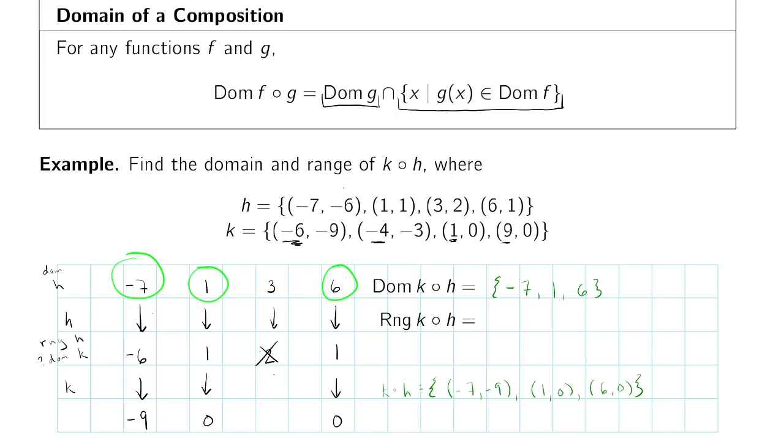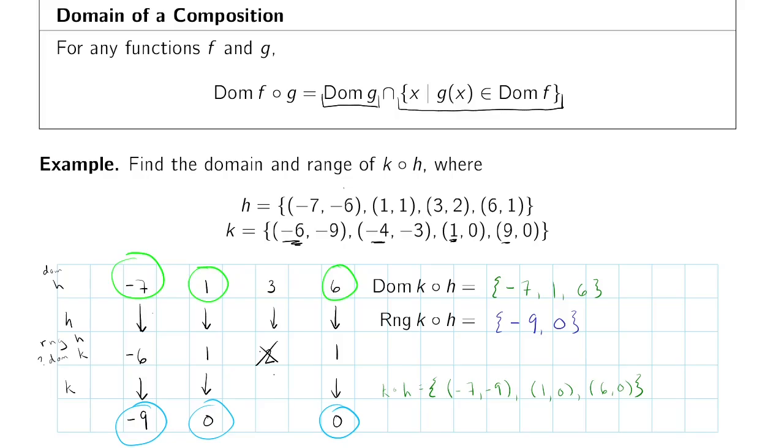And then its range consists of all of the numbers that actually showed up in the output when we followed that through. So its range consists of the numbers -9 and 0. Right? 0 appears twice, but we only need to write it once because repetition doesn't matter to sets.